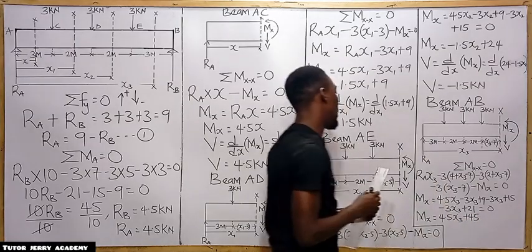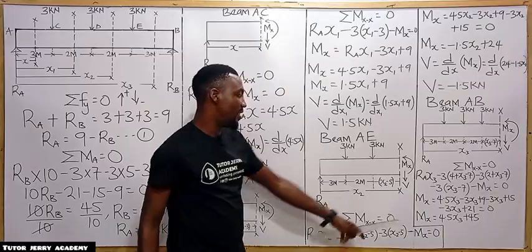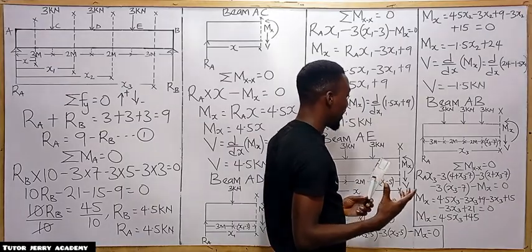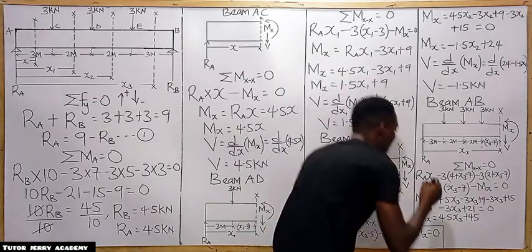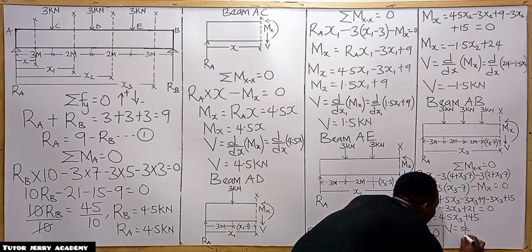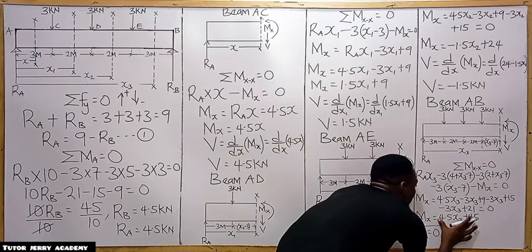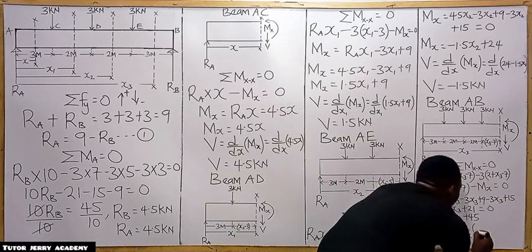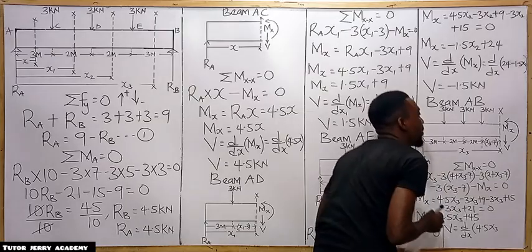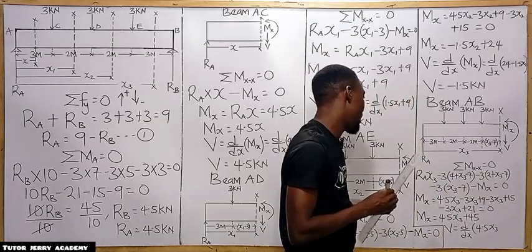All right. So now, that is the equation of our moment here. So now, let's find our shear force. Shear force will be the differentiation of our moment equation here, which is 4.5 S3.